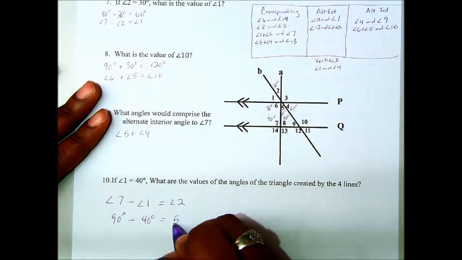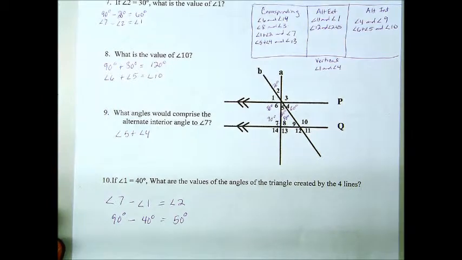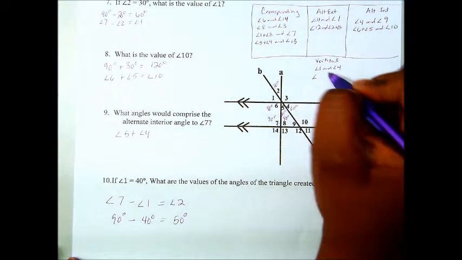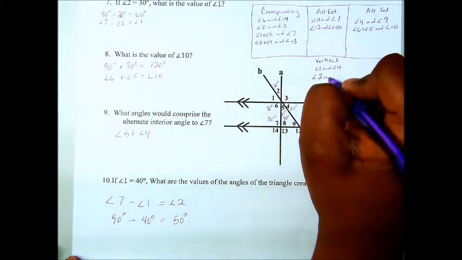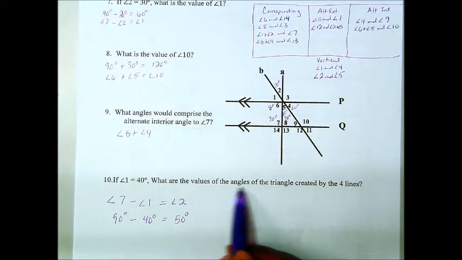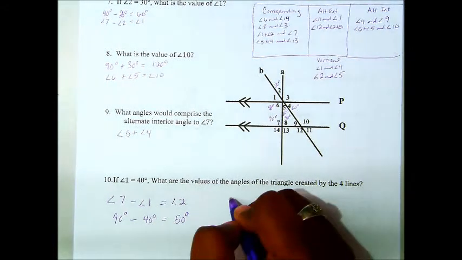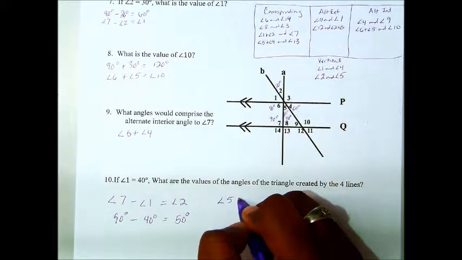That means angle 2 is now 50 degrees. Vertical angle, angle 2 and angle 5. So now I know if angle 2 is 50, angle 5 also equals 50 degrees.